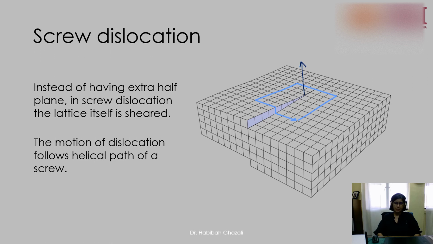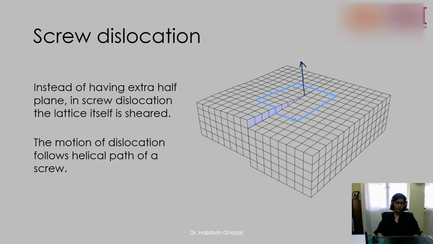As you can see here, one side of this crystal structure is higher than the other, and the other one is lower. If you focus your attention on the light blue color, you will see that this line looks like a spiral, kind of like a screw. The motion of the dislocation follows this helical path of the screw. That's why we call them screw dislocations.